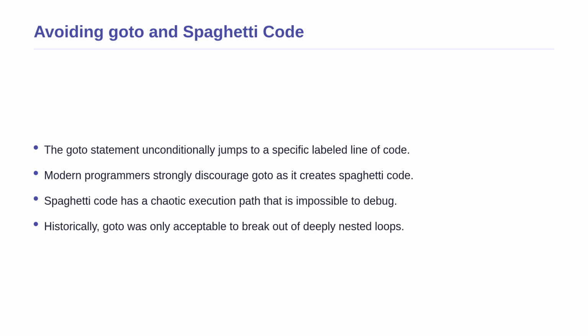While it seems powerful, modern programmers strongly discourage using goto because it creates what we call spaghetti code. Spaghetti code refers to programs where the execution path jumps around so chaotically that it becomes impossible to read, debug, or fix. Historically, its only acceptable use was escaping deeply nested loops.